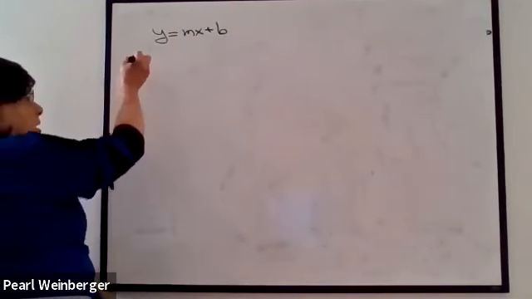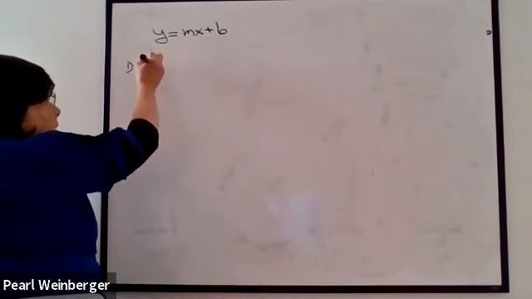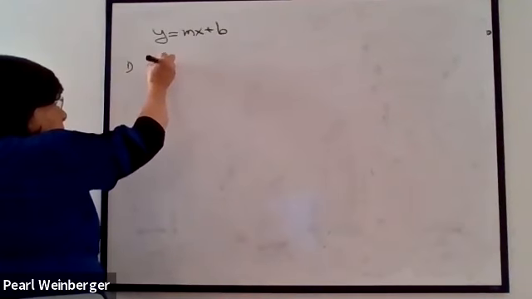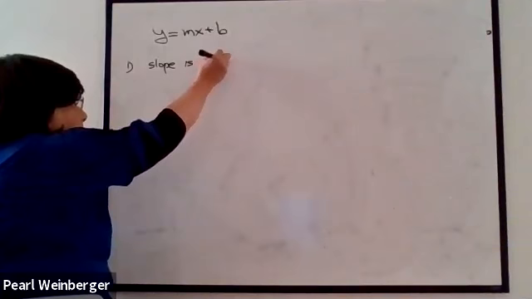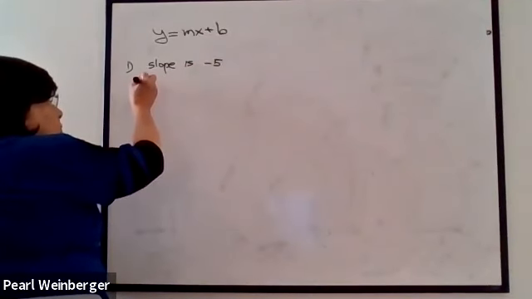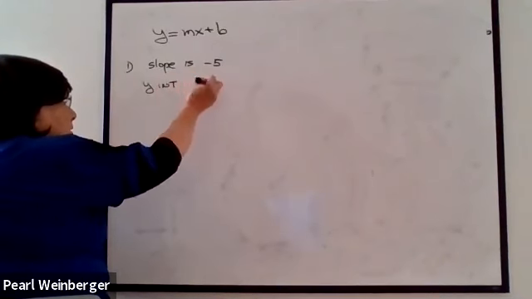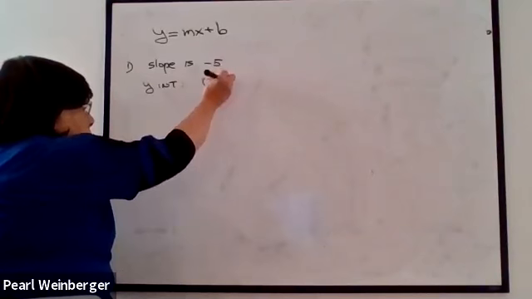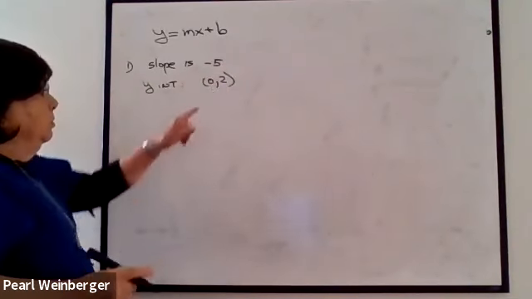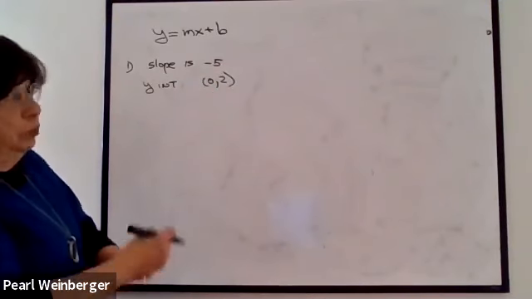So let's say, number one, I tell you that the slope of the line is -5, and the y-intercept, I tell you, is (0, 2). We know this is a y-intercept because the x value is 0.